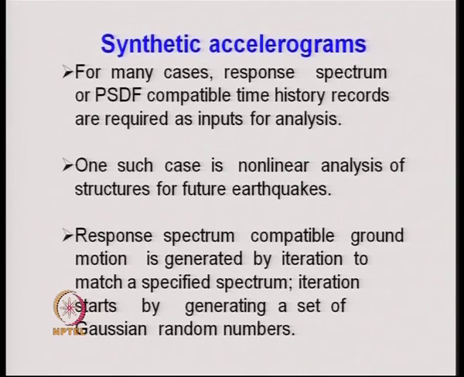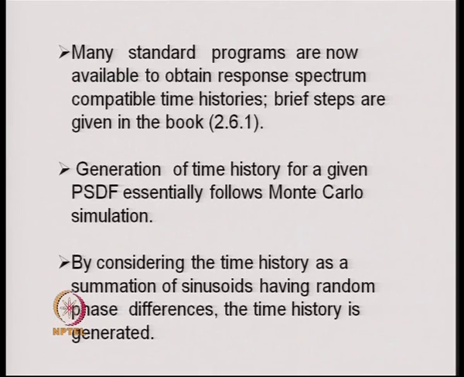Now, response spectrum compatible ground motion is generated by iteration to match a specified spectrum. It starts with the generation of a set of Gaussian random numbers, and a set of iterations are performed in such a way that at every iteration the calculated response spectrum is matched with the target response spectrum.